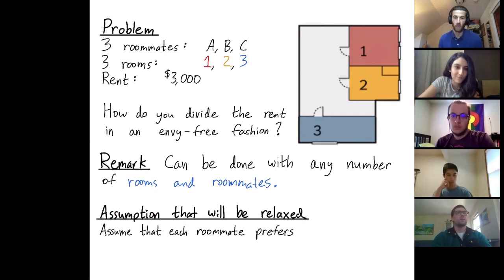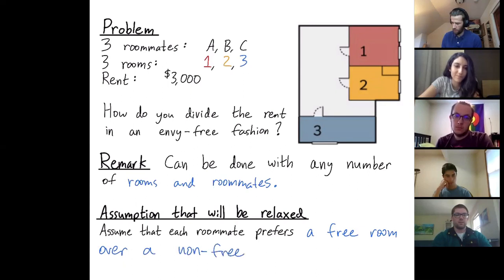For the beginning only, assume that each roommate prefers a free room over a non-free room. Okay, so if I have the chance to live in a room for free, my house is of high enough quality that I'm going to take that free room over a room that I have to pay rent for. That's not a perfect assumption, and I'll point out the flaws in that. And also later, I'll point out that that's okay. When we relax this assumption, the algorithms we discuss will still work.